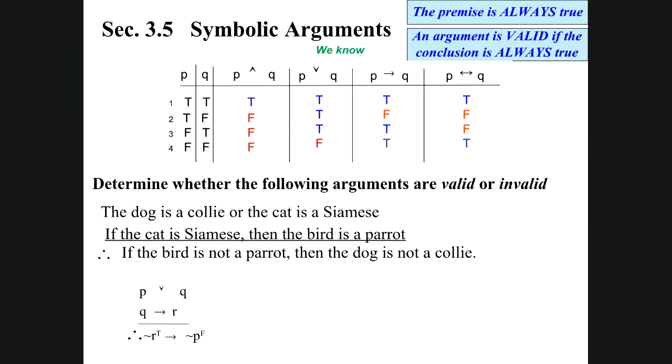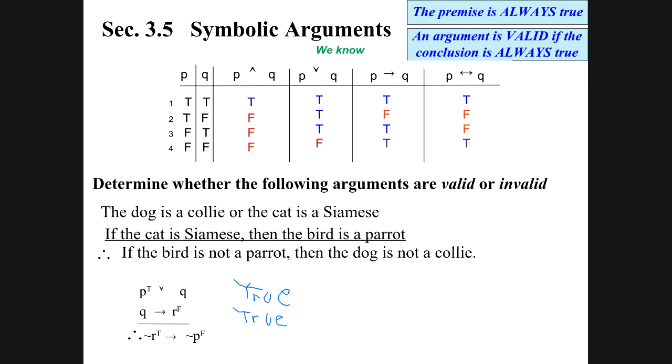Well, not R is true, so that makes R false. And not P is false, so that makes P true. Now, remember both of these premises have to be true. In the first premise, Q could be either true or false. But in the second premise, Q cannot be true.